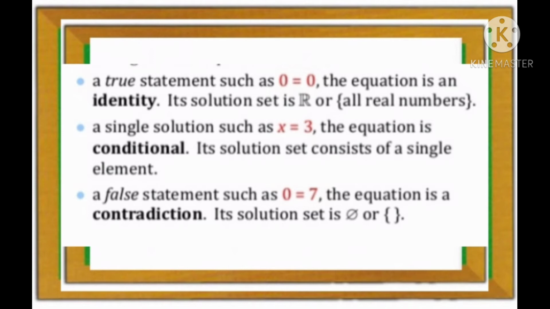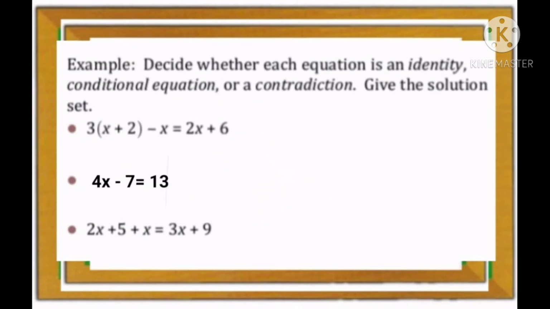Its solution set consists of a single element. And a false statement such as 0 equals 7, the equation is a contradiction because its solution set is empty. We have here the examples, and let's decide whether each equation is identity, conditional, or contradiction.